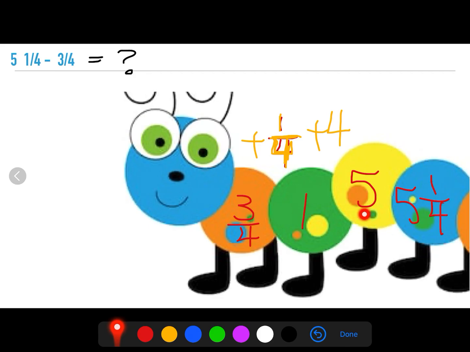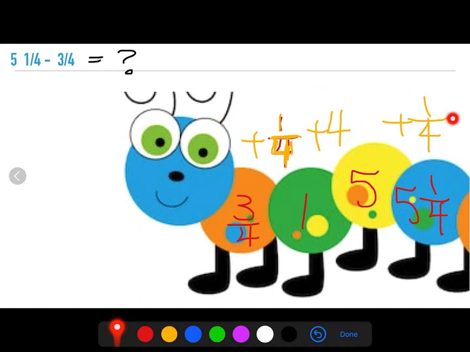Now I'm focusing on my last 2 body parts, 5 and 5 1/4. What did you add to 5 in order to get 5 1/4? Me too. I added 1/4. So now inside of my centipede's body, I have 3/4, 1 whole, 5 wholes, and 5 1/4.